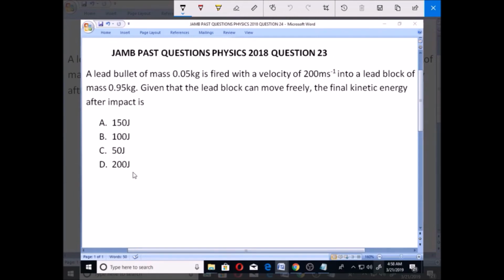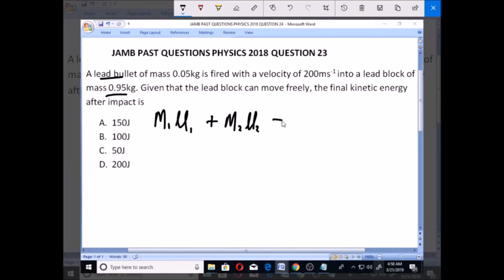Whenever you hear impact due to firing, note that you'll have the initial mass of this lead bullet, m1, multiplied by its velocity, plus the mass of the block onto which it is making impact, m2, multiplied by its velocity before the impact.